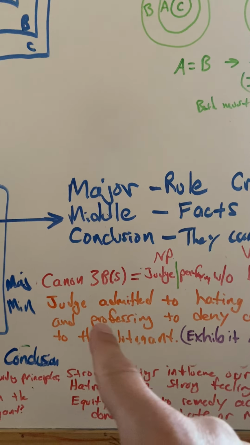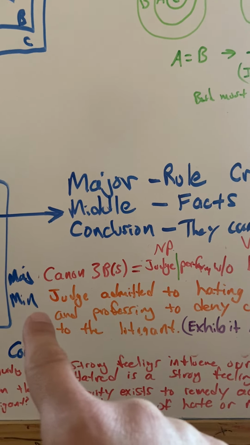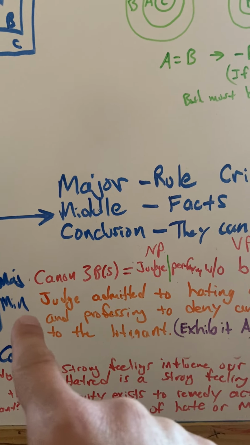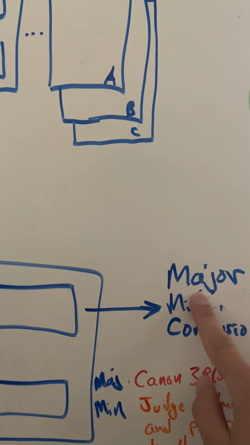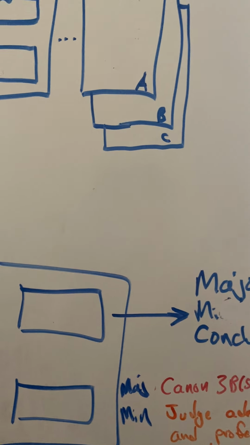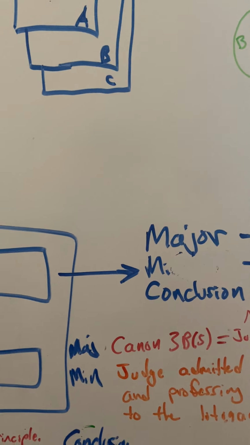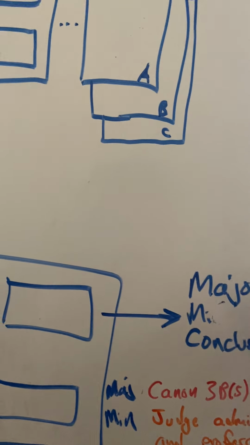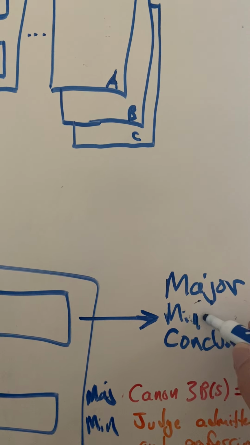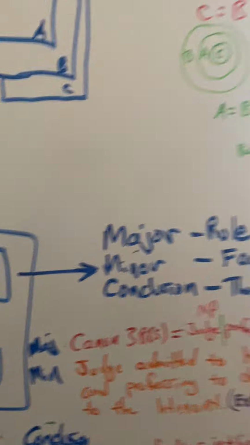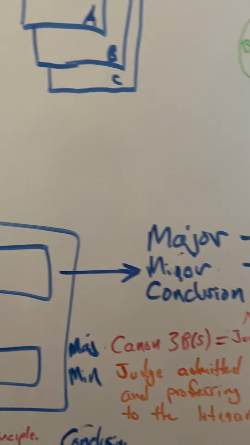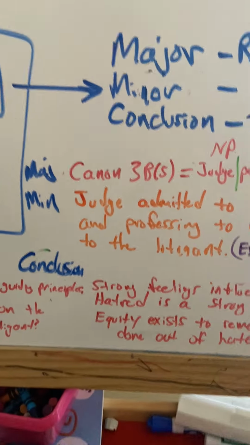Now, you go to your middle, your minor. I'm sorry, I'm messing this up for whoever's trying to write this down. It's major, minor, and conclusion. So we go to the minor here.